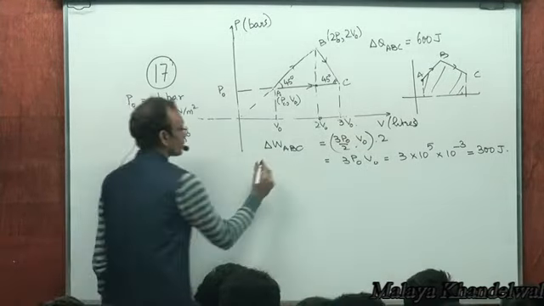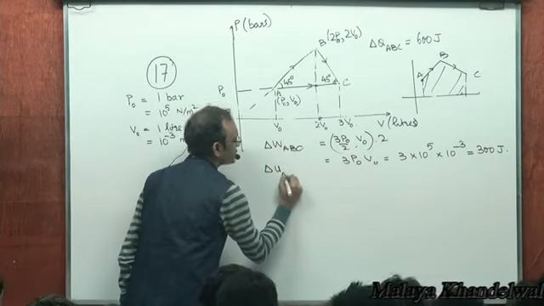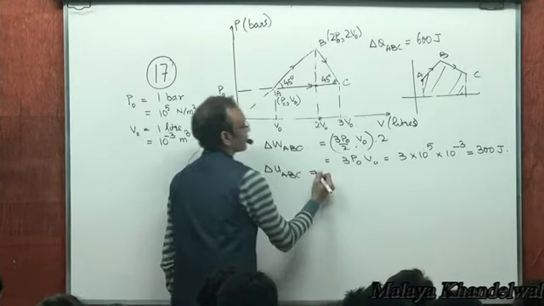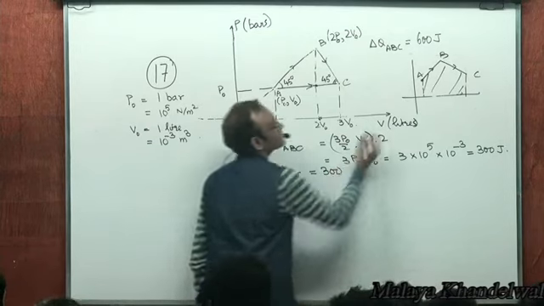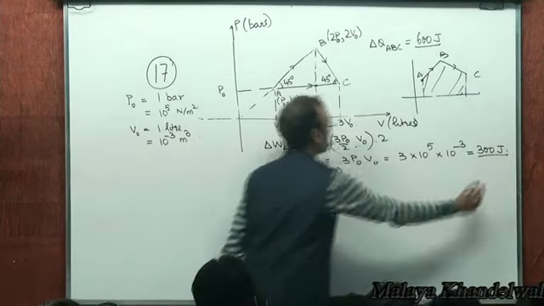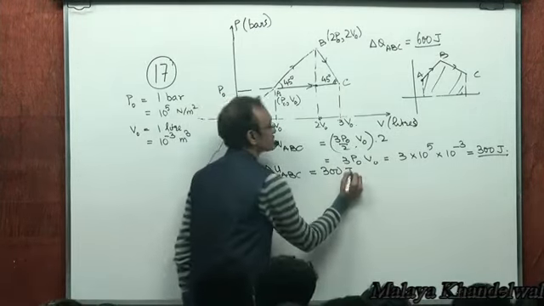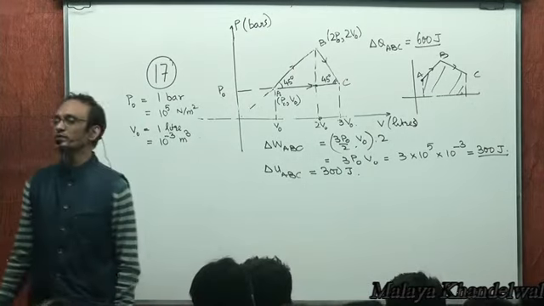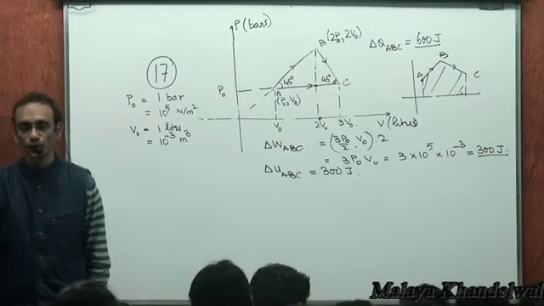Right? Therefore, in ABC, what's the change in internal energy? Heat supplied 600 minus work done 300, so that makes it 300 joules from A to B to C. Yes or no?